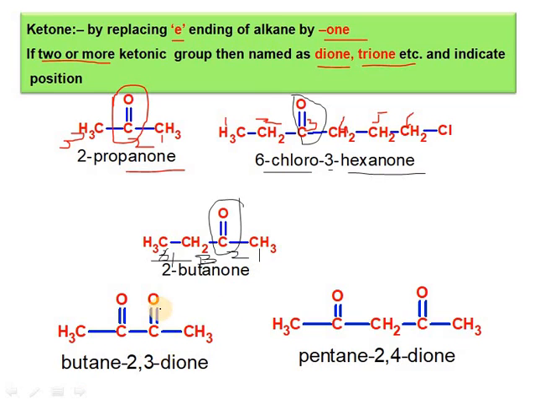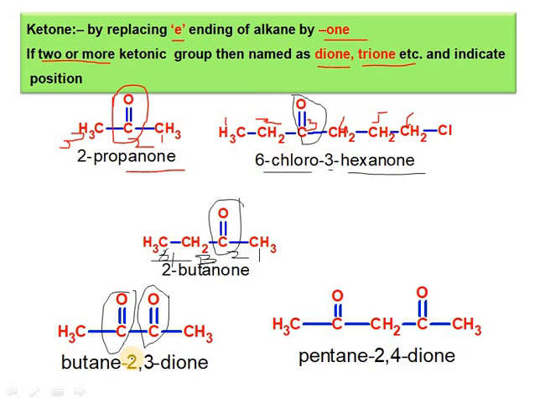Next molecule we have taken. This molecule has two carbonyl carbons, or two ketonic groups present in the molecule, so we have used the word di. Numbering was given like 1, 2, 3 and then 4. Parent name is butane.